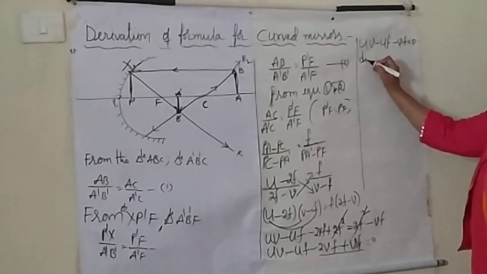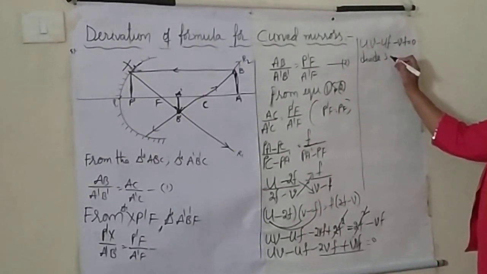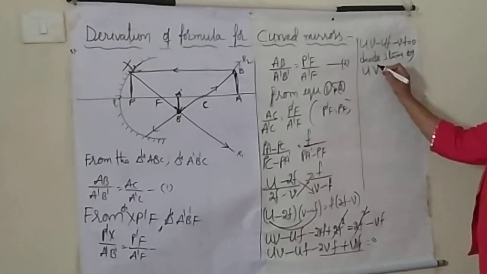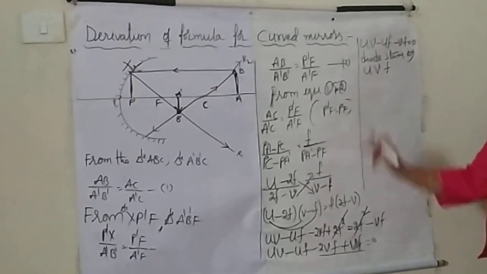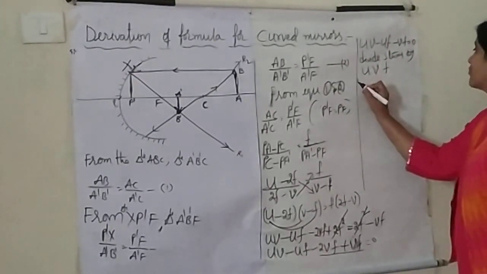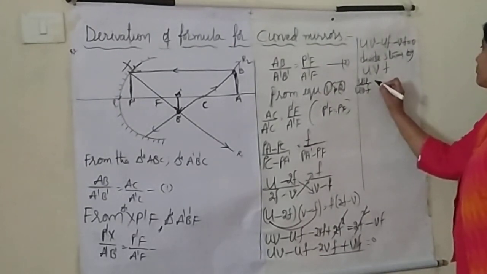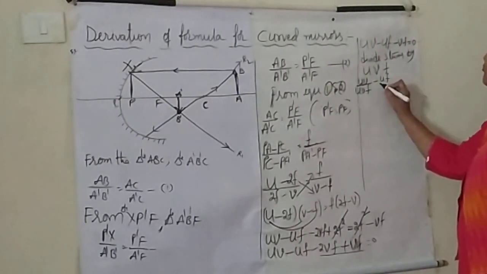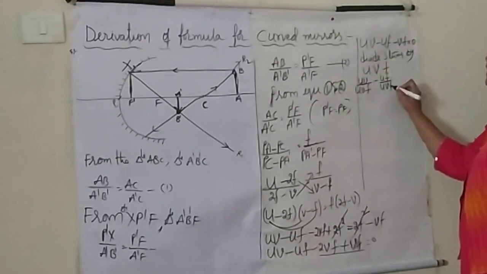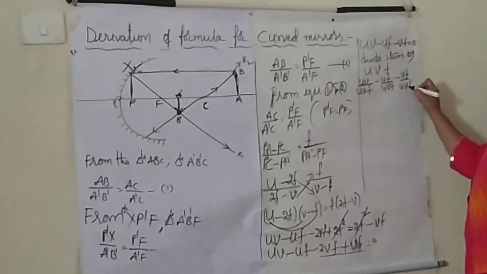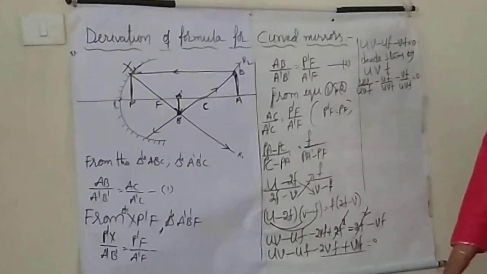Then divide all these three terms by UVF. Then UV by UVF, minus UF by UVF, minus VF by UVF is equal to 0.